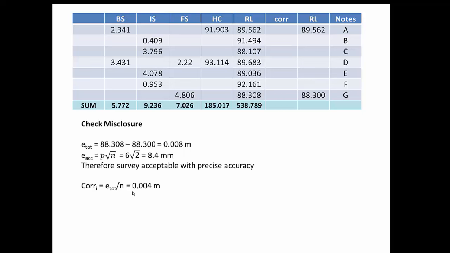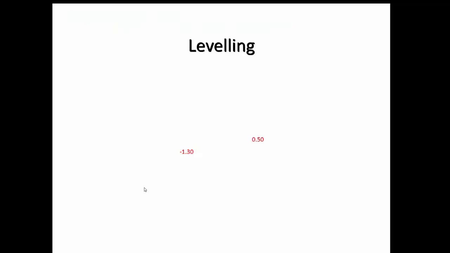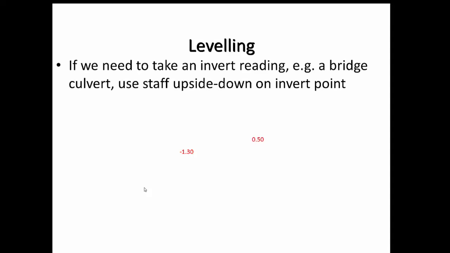The correction is the total error divided by n, the number of instrument positions, or level positions. So n is 2, the correction is 0.004 metres.